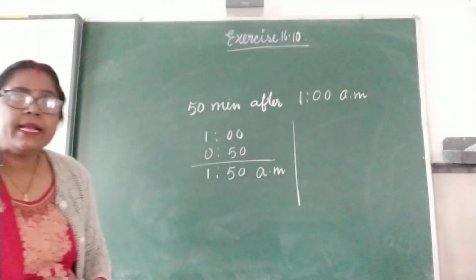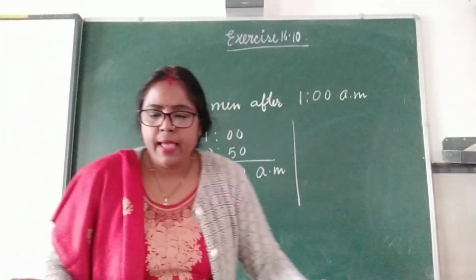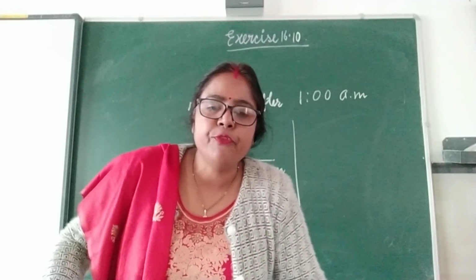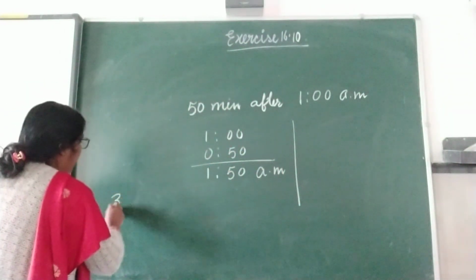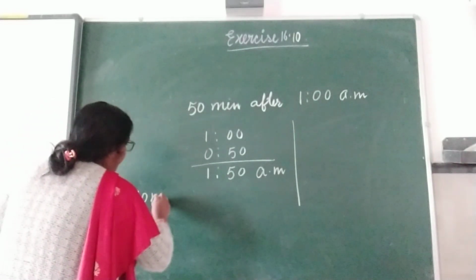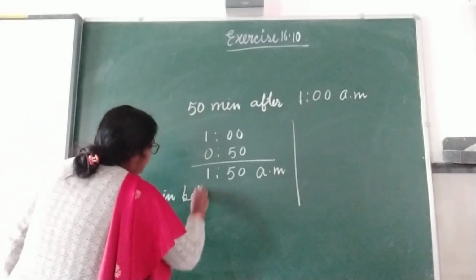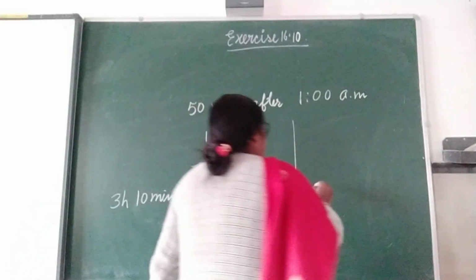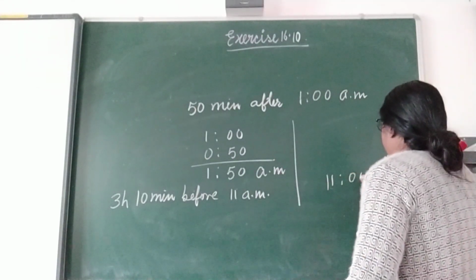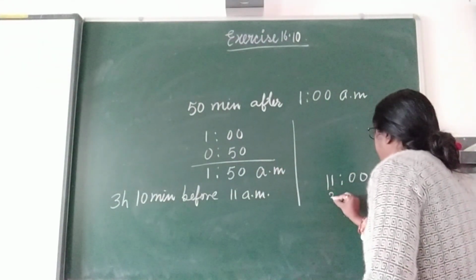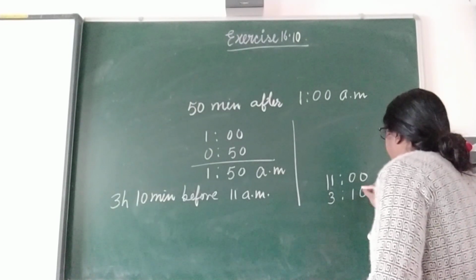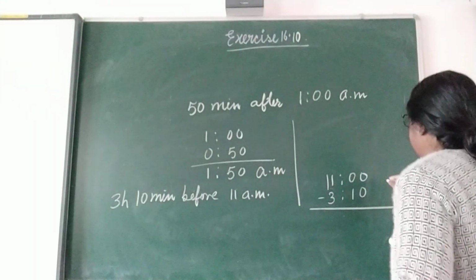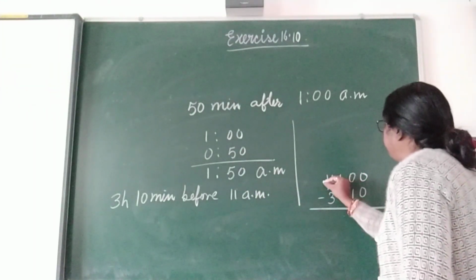Now the second question I am taking is a before one: 3 hours 10 minutes before 11 AM. 11 AM is 11:00, and 3 hours 10 minutes we have to subtract. 0 minus 10 is not possible, so we will borrow from here.